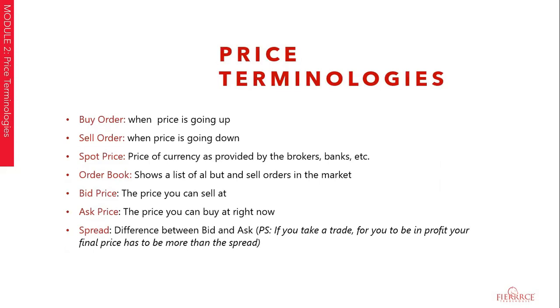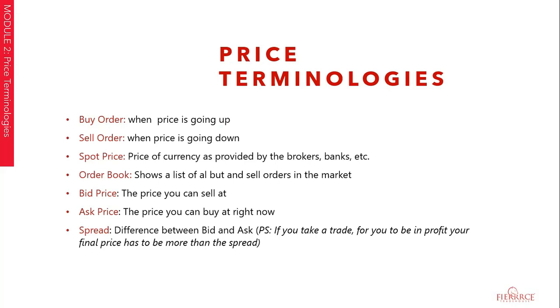When you're buying anything, especially as an investment, for example land or a house, you want to buy it at the best price, before it appreciates in value. So usually buy orders are when you're anticipating that the price of a currency pair is going to go up. You place a buy order so that you buy it before it goes up and you make your money on the way up.